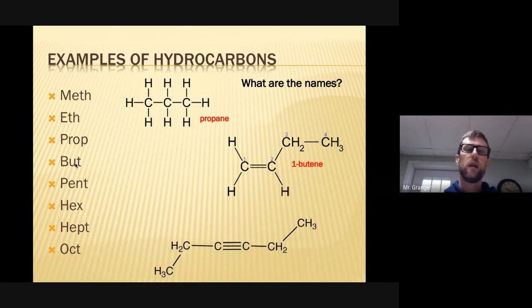Now the interesting thing is, and it makes sense when you stop to think about it, when you have a double or a triple bond, you also need a number attached with that to tell the reader where in the chain is the double or the triple bond. So in this case, we have a chain of 4 carbons, right?